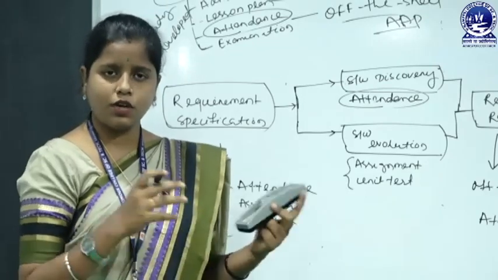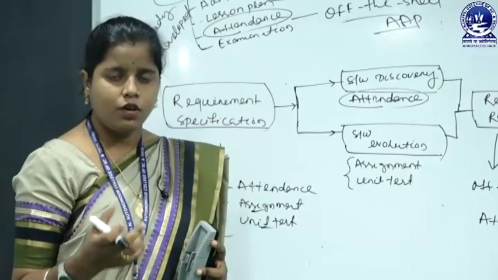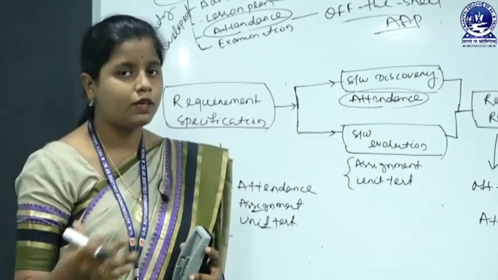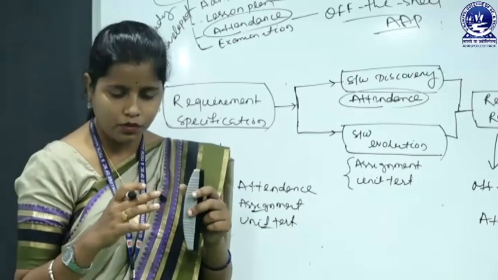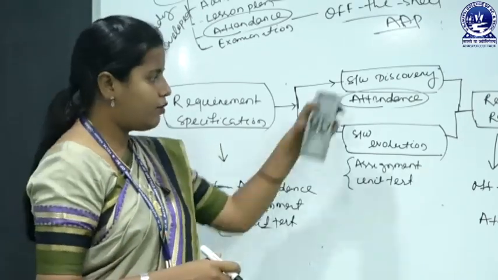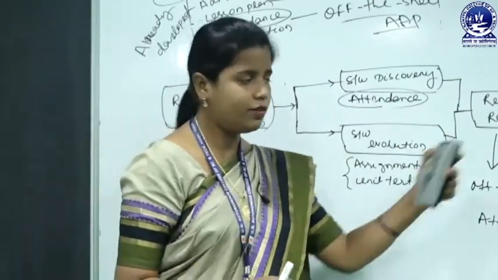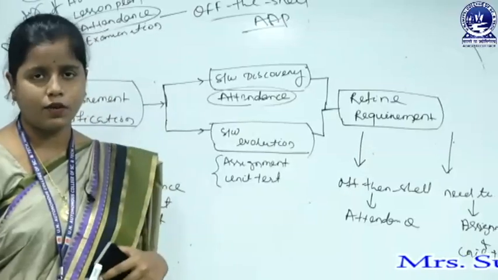Those systems which are already available, we have to adapt them, and the system which are not available, we have to develop them. So, here we have to decide what to design and what to not. And from this software discovery and software evaluation, what we will get? We will get the refined requirements.